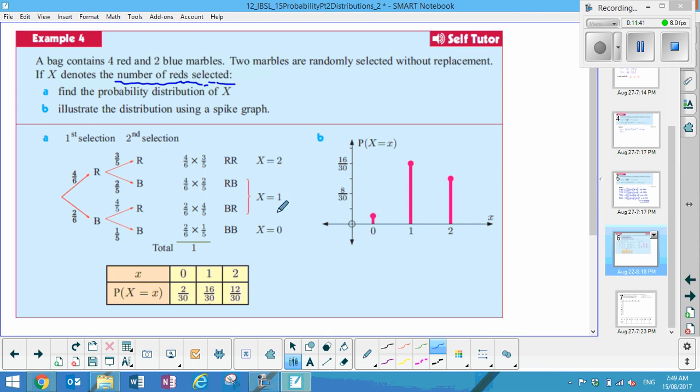Probability of getting 1 red will be these 2 added together, making 16 out of 30. And getting 2 reds will be that multiplied together, so we're getting 12 out of 30. That can be plotted up. So fairly straightforward, but you can see how we're starting to tie all the probability in. We can also see how there are discrete possibilities. We can only have no reds, 1 red or 2 reds. We can't get 1.5 reds.